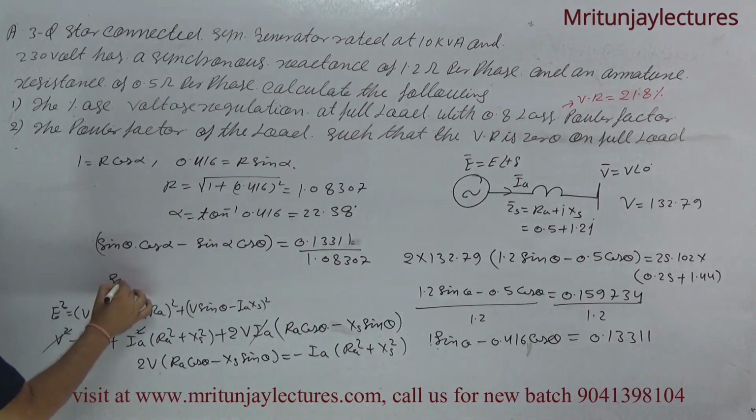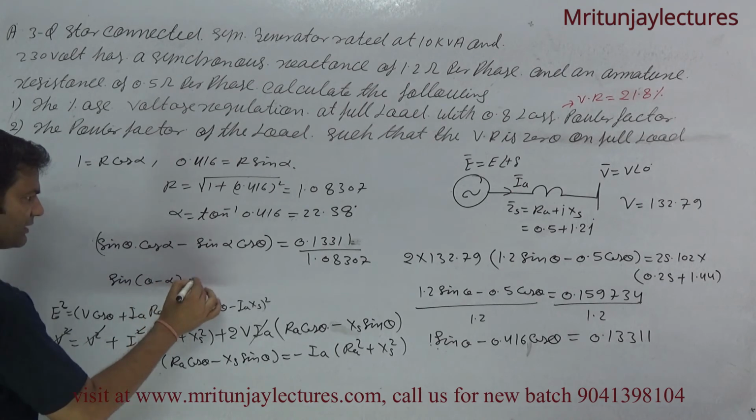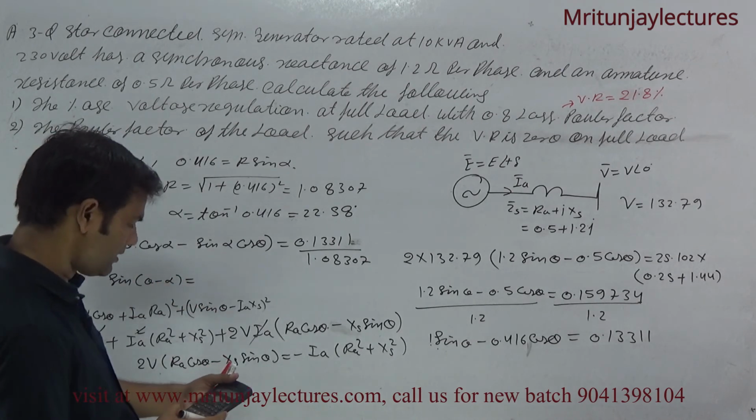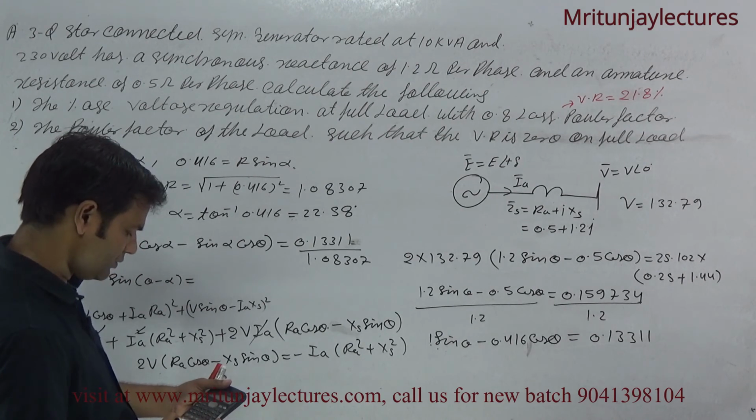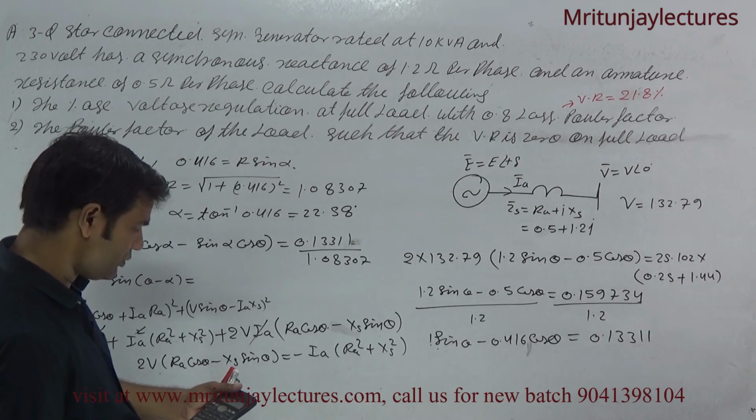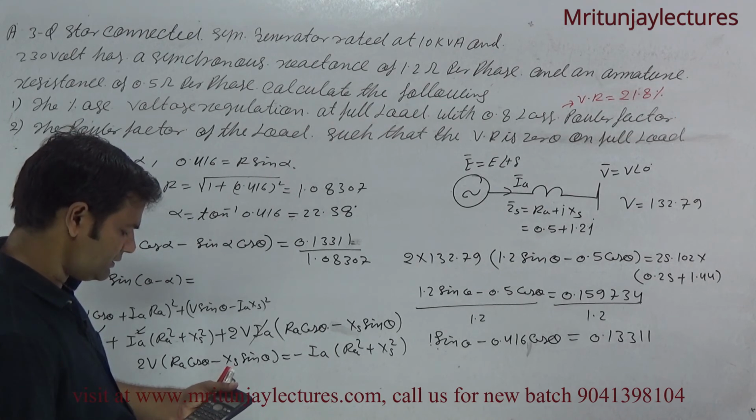So sin (theta minus alpha) equals 0.13311 whole divided by 1.08307, that is 0.1229.